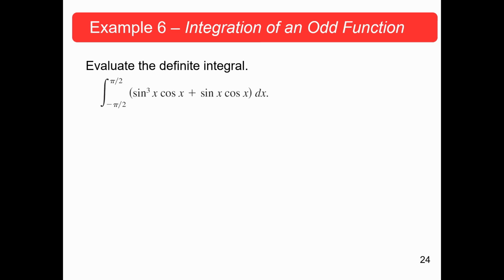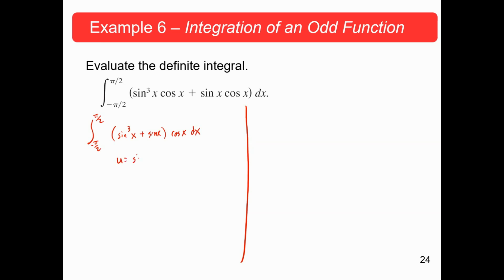Let's do it two different ways. Let's look at it and see, can we determine whether, since this is sine cubed, let's start by negative pi over 2 to pi over 2. We can factor that cosine x out. So we've got sine cubed x plus sine x times cosine x dx.